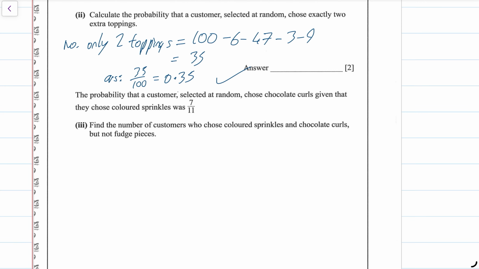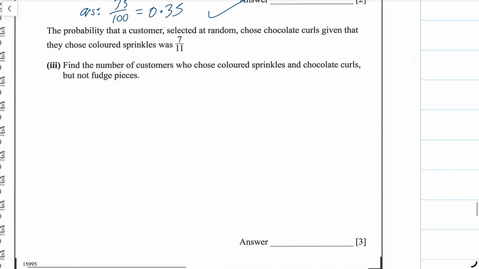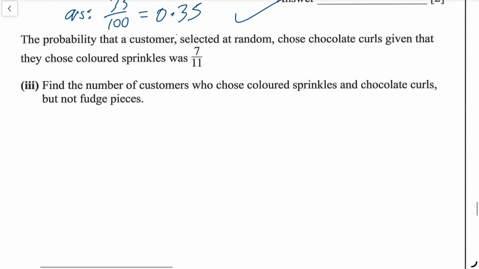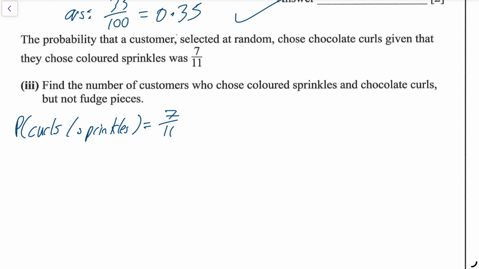Okay, last question. I thought this was tough because I cast my mind back. I remember thinking this was tricky. The probability that a customer selected at random chose chocolate curls given they chose coloured sprinkles was 7 over 11. Let's write that down. So that's probably the curls given sprinkles is equal to 7 over 11.